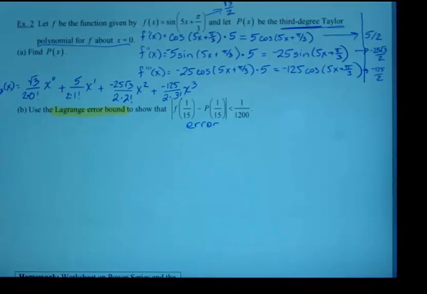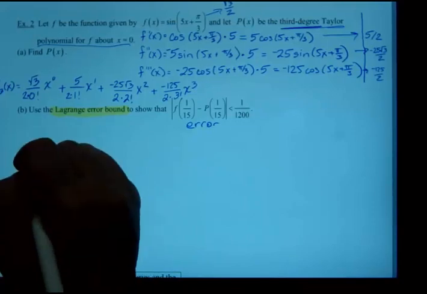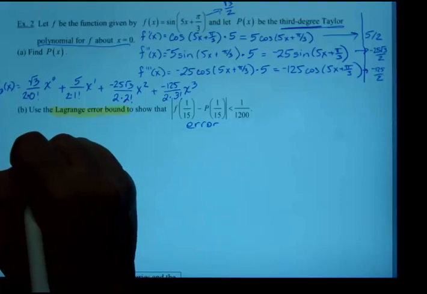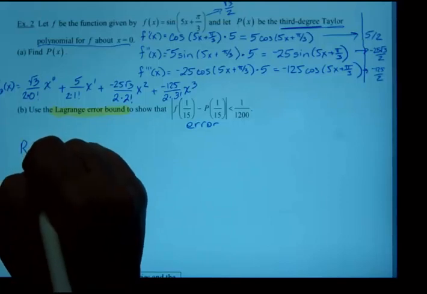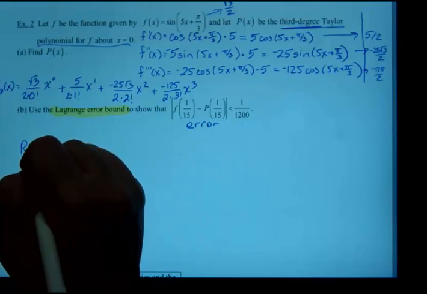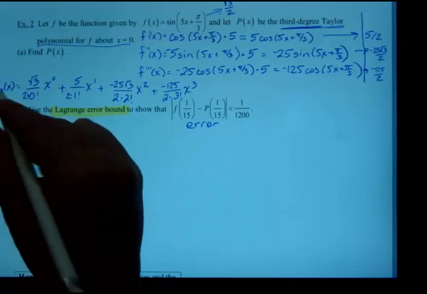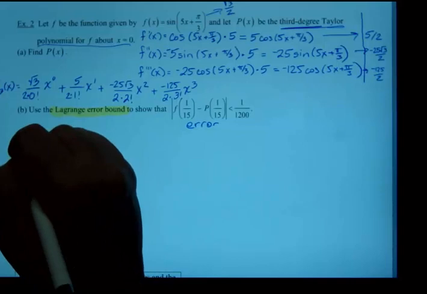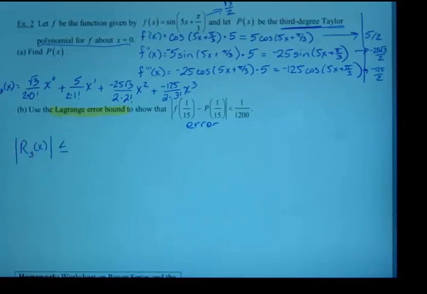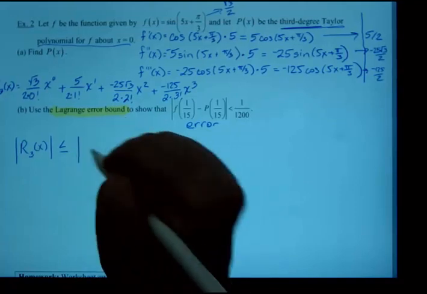So let's write the Lagrange formula. R little what number? R little what? 3 or 4? 3. 3 has to match the P. Good. The absolute value of R3 of x is less than or equal to, okay, so I'm going to try to help you memorize this formula. We need to put this on the flip book.